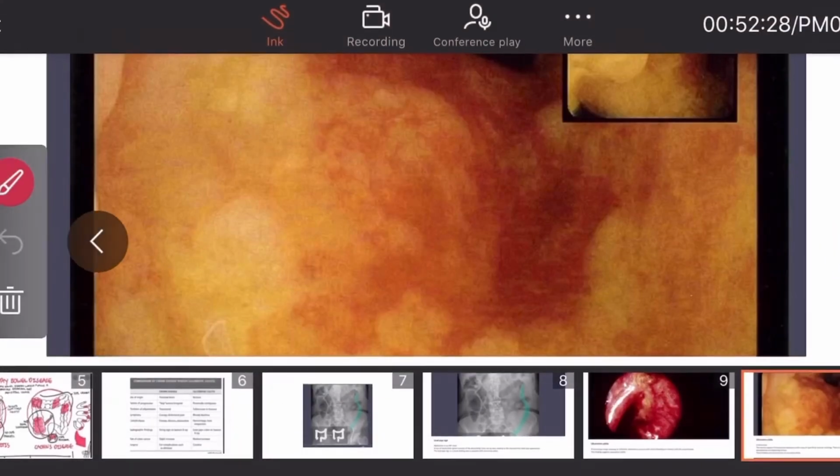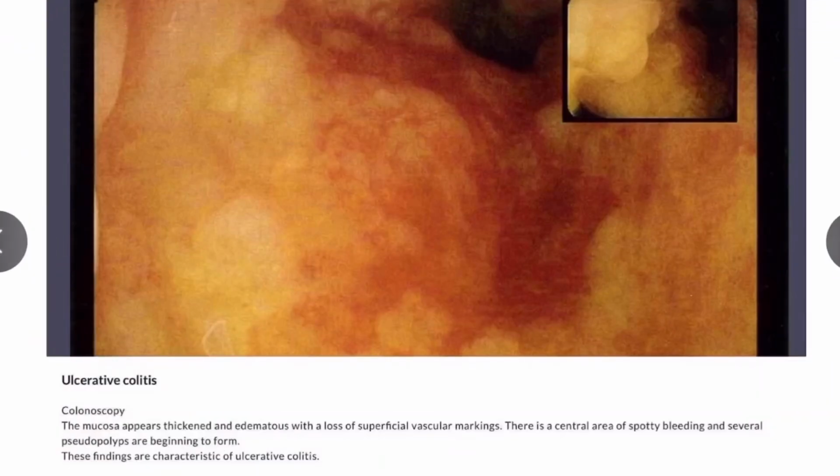You can see the mucosal thickening with loss of superficial vascular marking, and a central area of spotty bleeding. These findings are characteristic of ulcerative colitis.